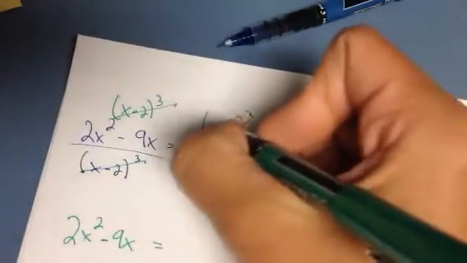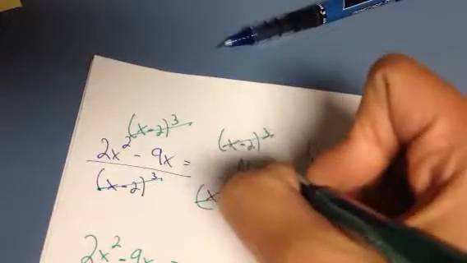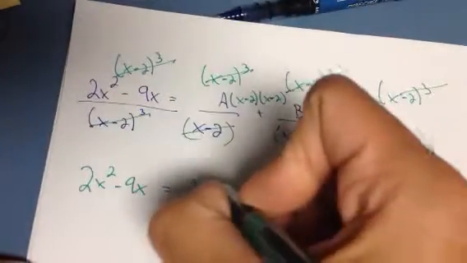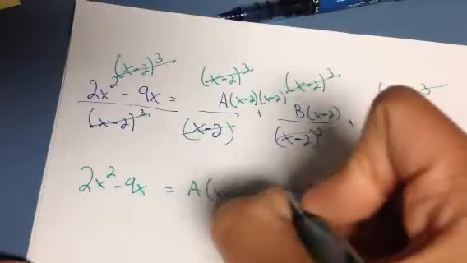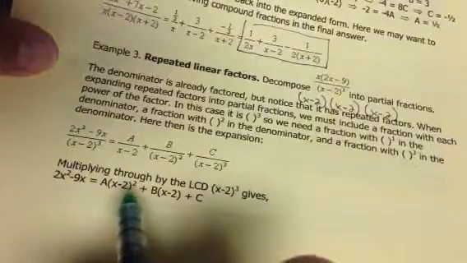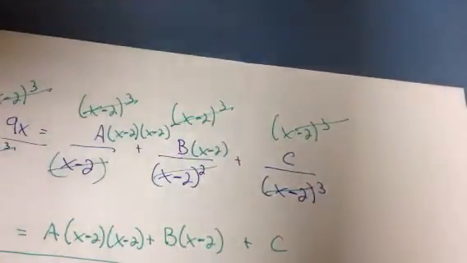And then 3 of these would cancel out 1 of these, so you're left with 2 of these here. And I'm actually going to write it twice for that one. So now she has A and x minus 2 with another x minus 2. Okay? So this is what she has here, except where I wrote the x minus 2 twice, she has it once with the squared.